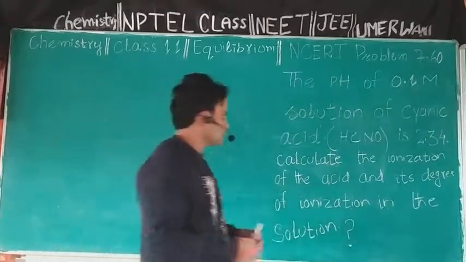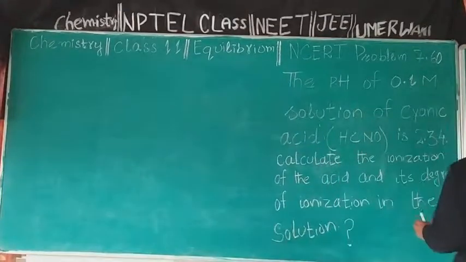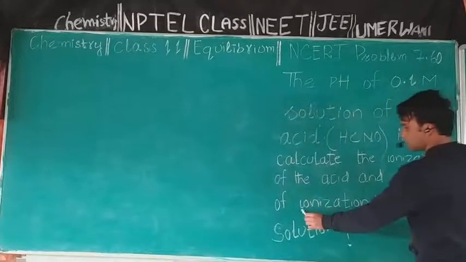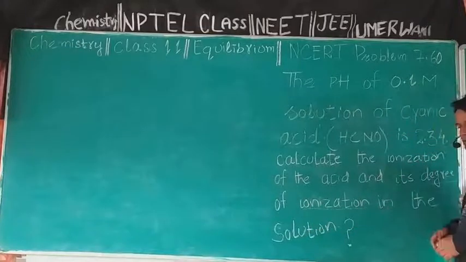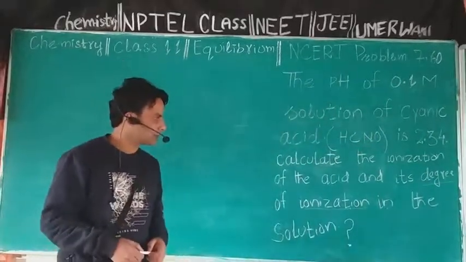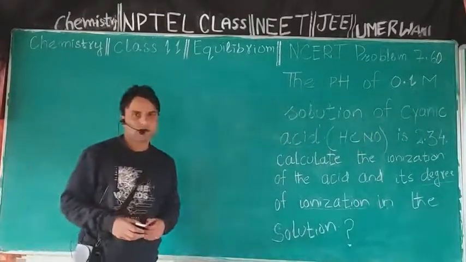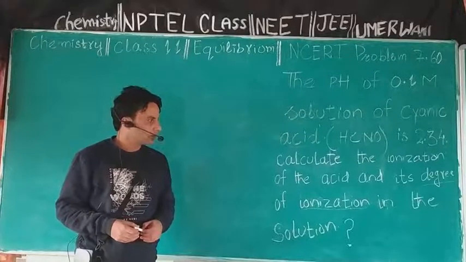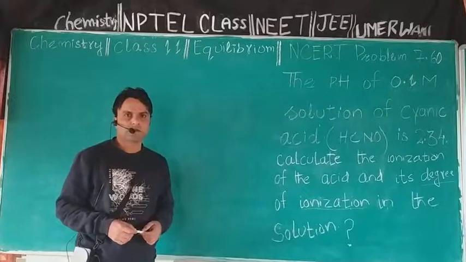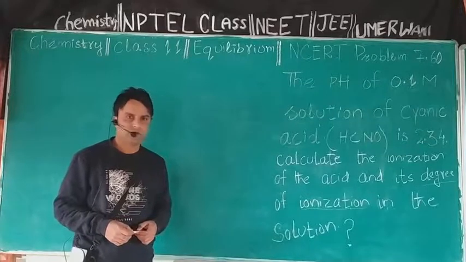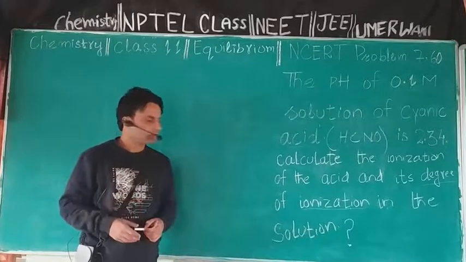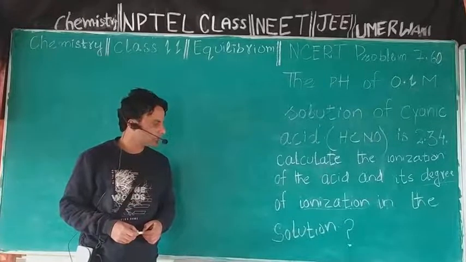Idea here is that, if I look into this question, I have to calculate the degree of ionization of cyanic acid. We know for strong electrolytes the degree of ionization is 1. So here in the question a sort of hint is provided that cyanic acid is not a strong acid, it is a weak acid. Its degree of ionization will be less than 1, which we need to calculate.